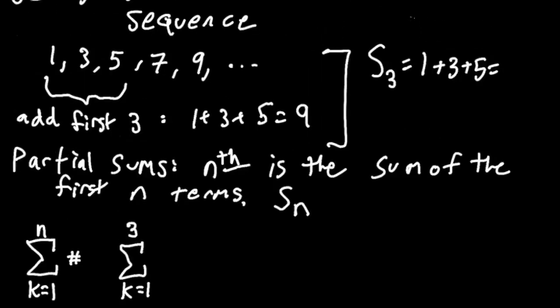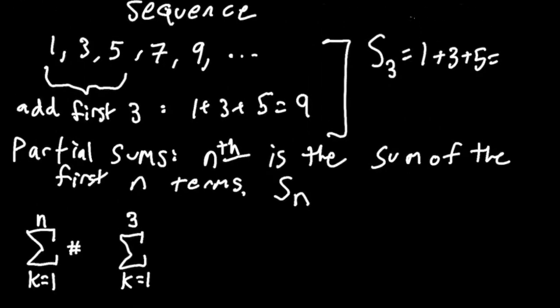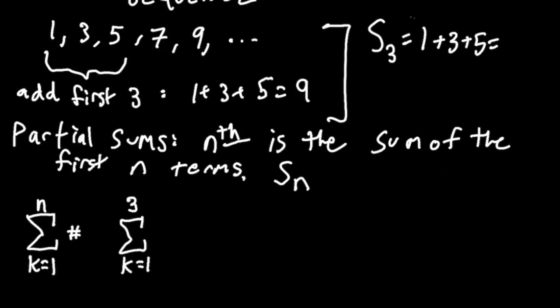Here, for example, if we wanted to look at the sum of the first 3 terms, k starting at 1, going up to 3 of our sequence, then here our sequence equation, the term value equation, can be used. Our first value plus k minus 1 times d, 2.